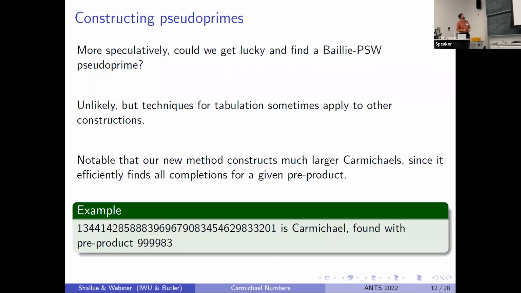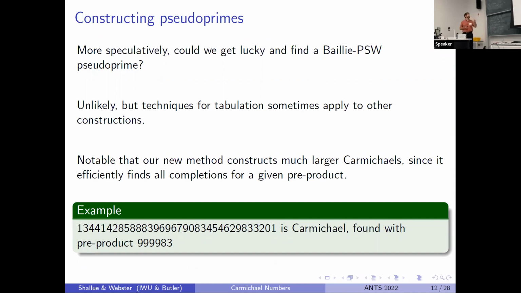So, more speculative here: constructing other pseudoprimes. From the field of studying pseudoprimes right now, I would say that the most important thing from a motivation standpoint are Baillie-PSW pseudoprimes. This talk is not about them, but I do want to give a plug because it's fun and interesting and it definitely matters.